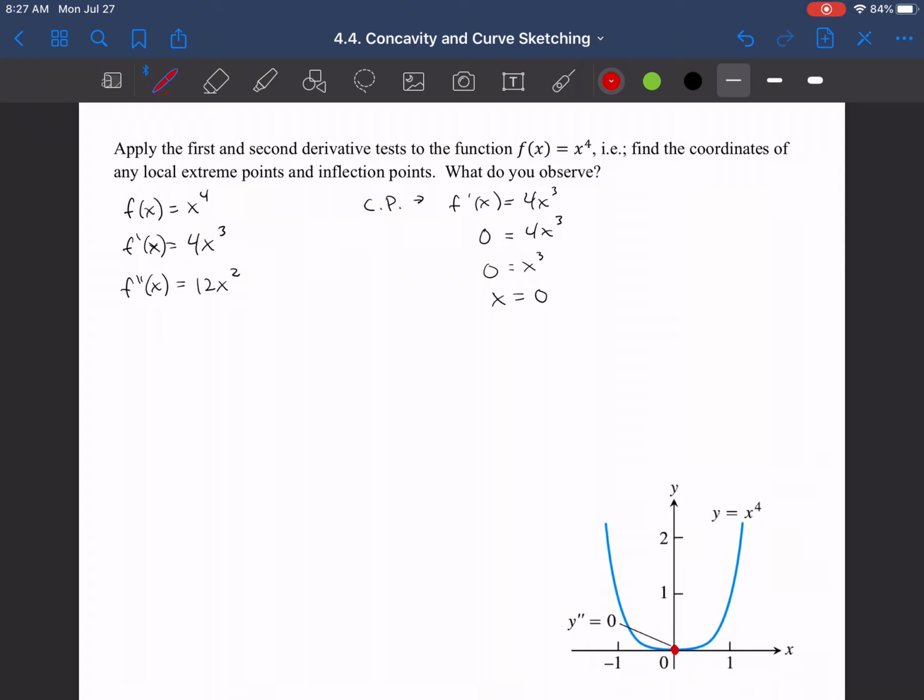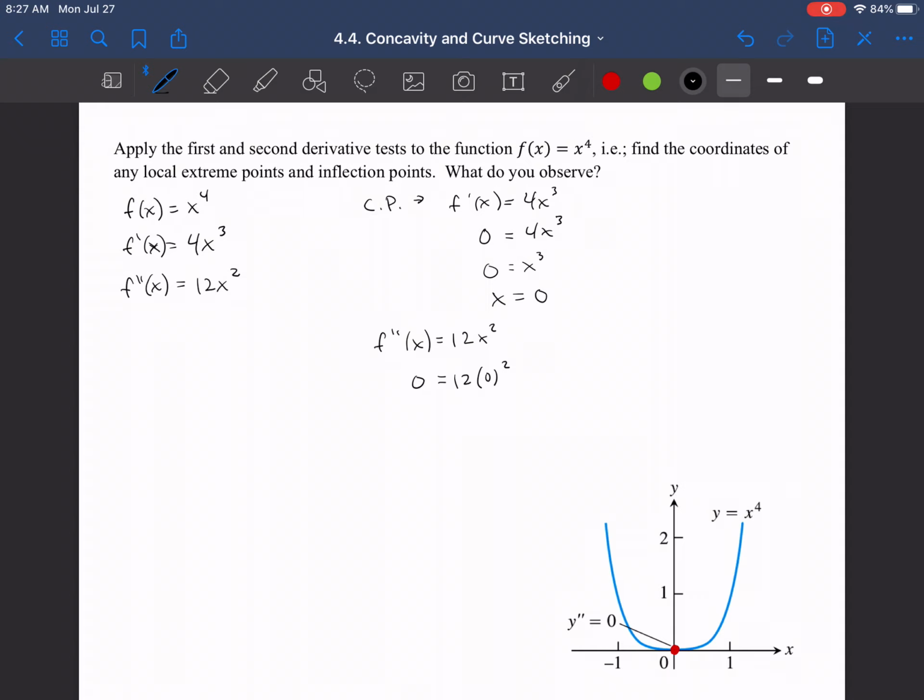All right, so that tells us this point right here. This is our graph of it, pretending we didn't have that graph, but there it is. I'll note it for you. Right there, we have a critical point. So now we want to look at the second derivative at the critical point. So f''(x) is 12x^2, and what is its value when we plug in that 0? It's 0. Okay?